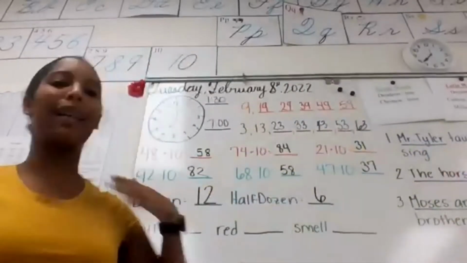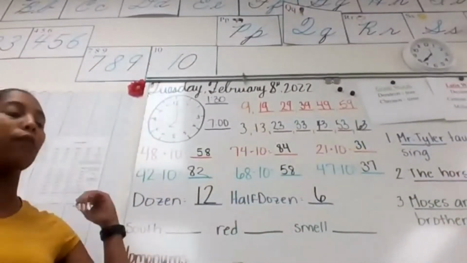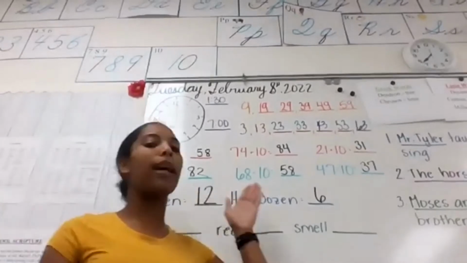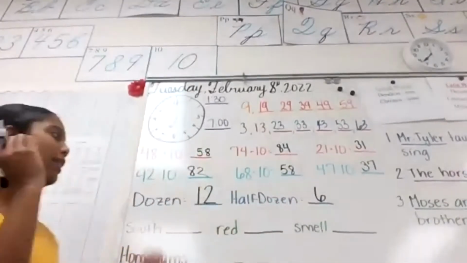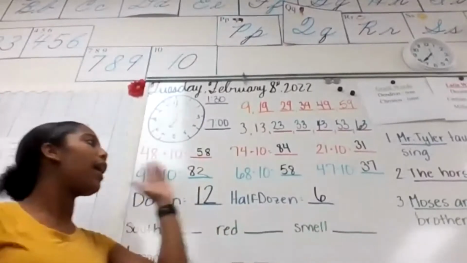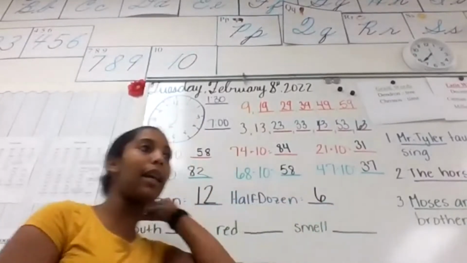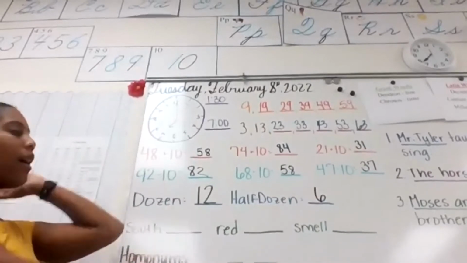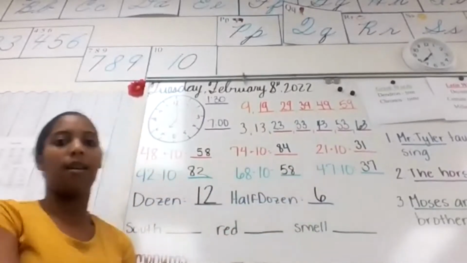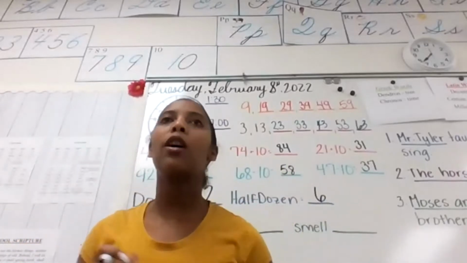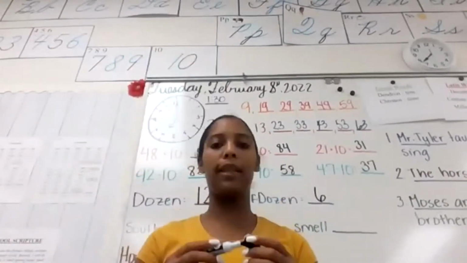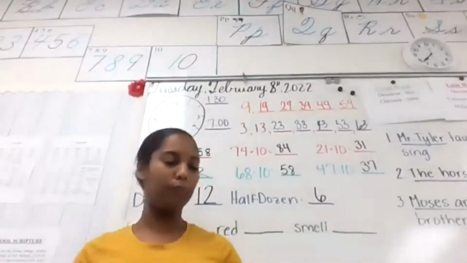So when someone says, can I get a dozen, that's a total of 12. When they say, can I get half a dozen, that's a total of 6. A dozen is 12. Half a dozen is 6. If I say I want a dozen donuts, how many is that? 12.